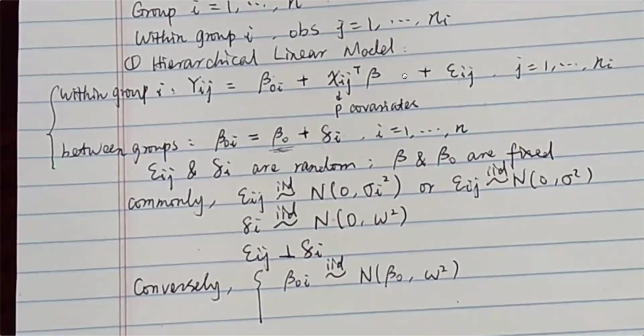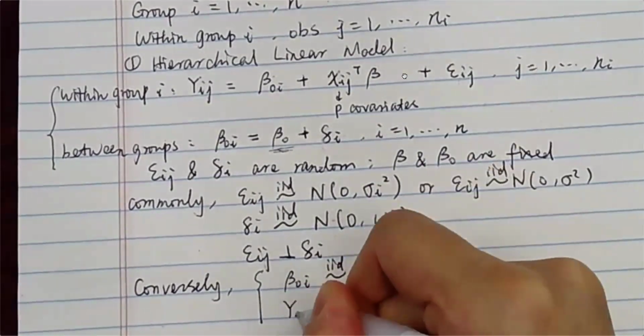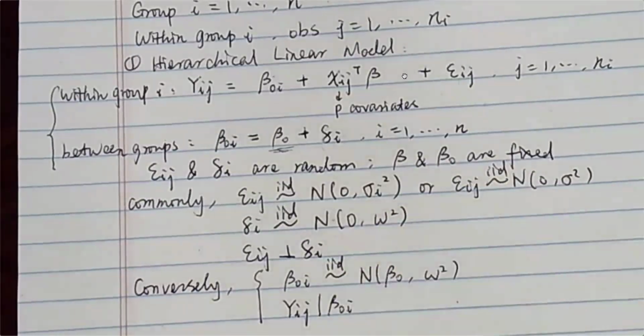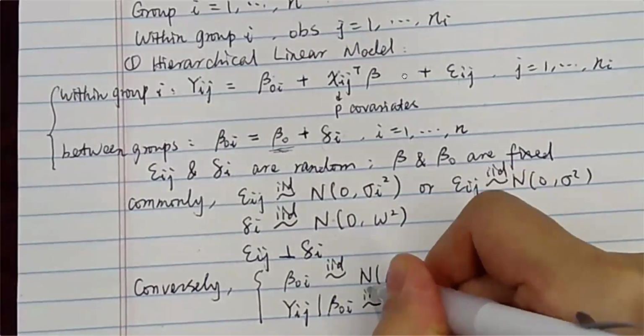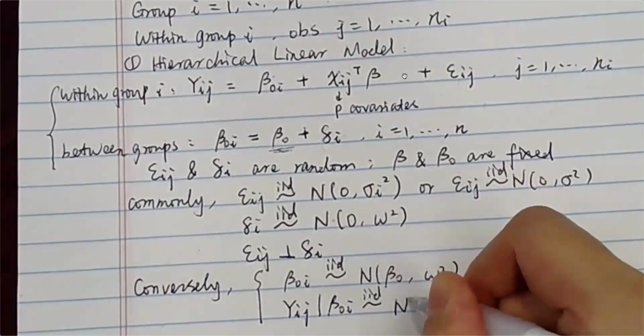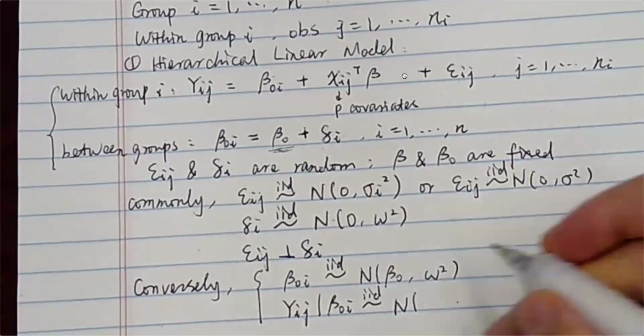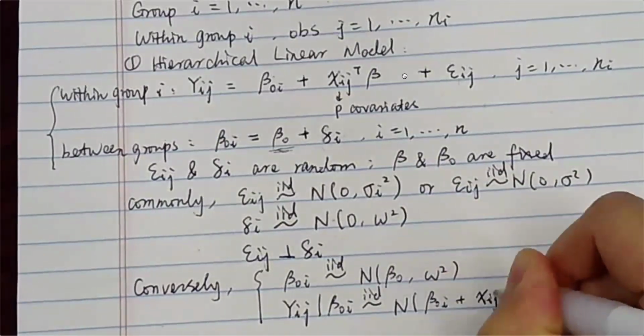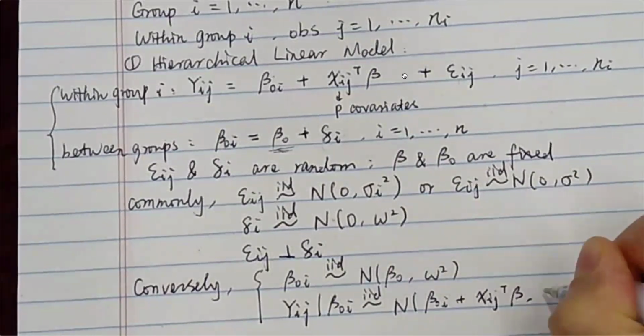And then Yij given beta 0i, IID from a normal distribution, the mean is beta 0i plus Xij transpose beta, and the variance is sigma i squared.